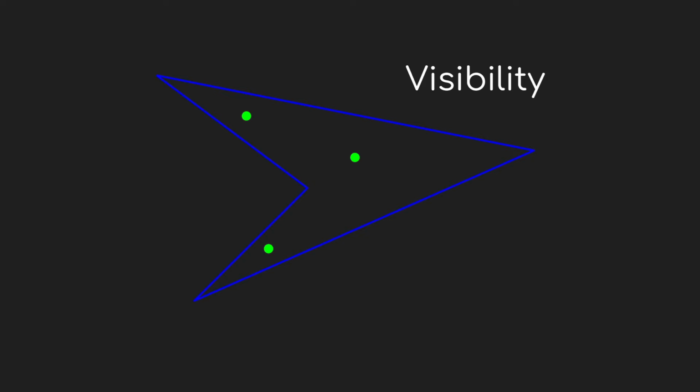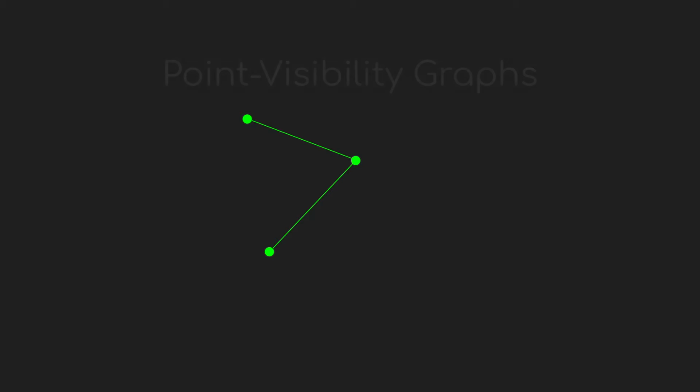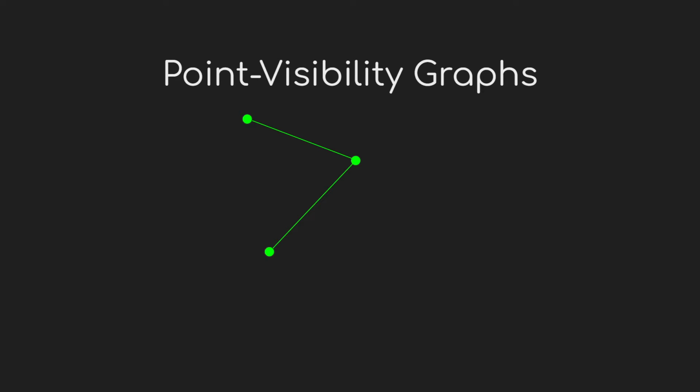Using these visibility relations, we can define a graph between sets of points within a polygon. This graph is known as a point visibility graph. In particular, we'll be discussing the infinite variety of a point visibility graph, an infinite graph constructed in this way from all of the points within the polygon, which is more of a thought experiment. Obviously, it's infinite size, so we can't make the entire graph in any practical application, but it is an extremely useful notion in order to describe problems such as the one we're going to talk about today.